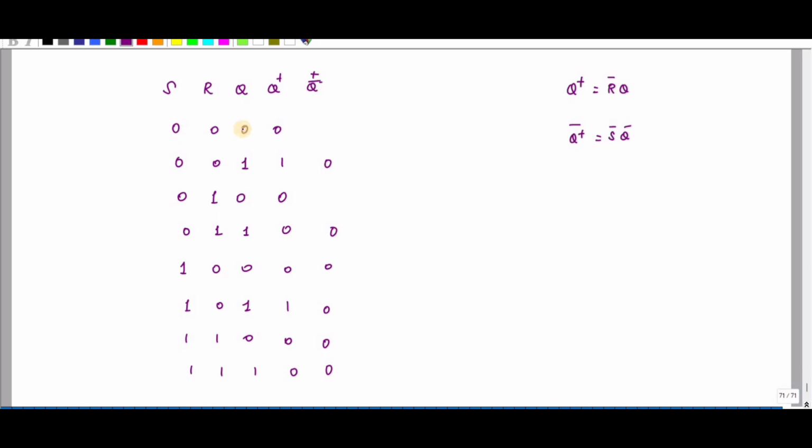Okay, so this is also 1, so we will get 1, and for this one, 1 into 1 is 1. Okay, so you know this Q plus and Q bar plus is the inverse of this one. So this condition should be avoided, and this also is to be avoided, these two conditions should be avoided, right?